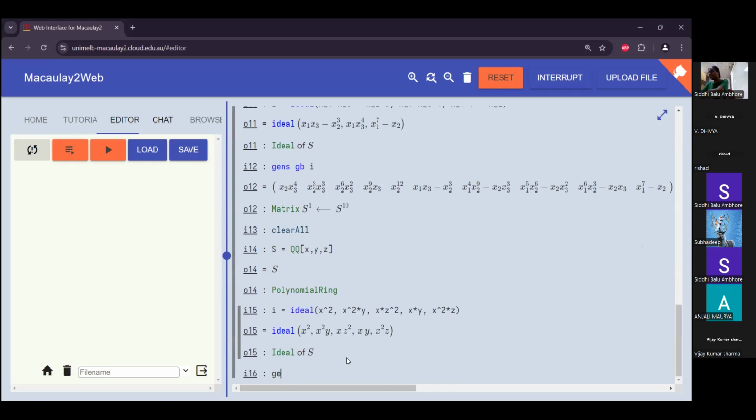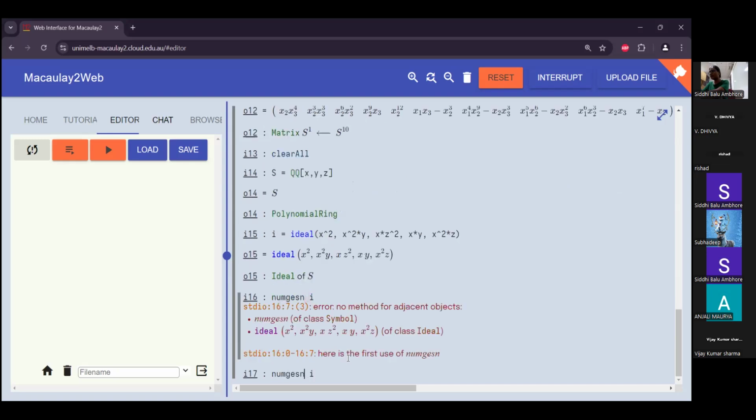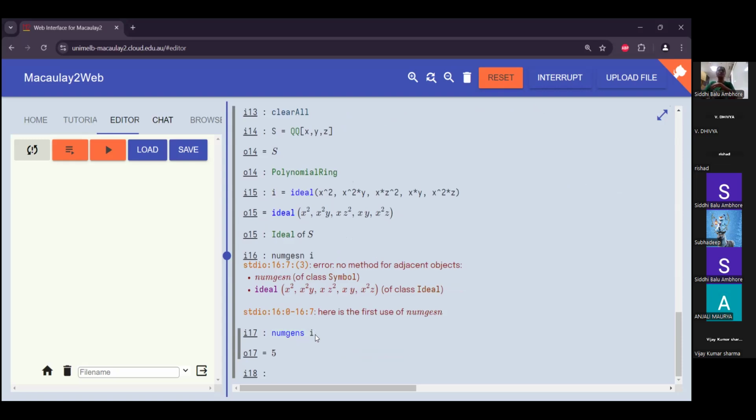But when I give this command, numgens of I, oops, sorry, typo, numgens of I, it says 5. It is just giving me the number of generators the way we defined the ideal. If I had added one more monomial here, it would have said 6.